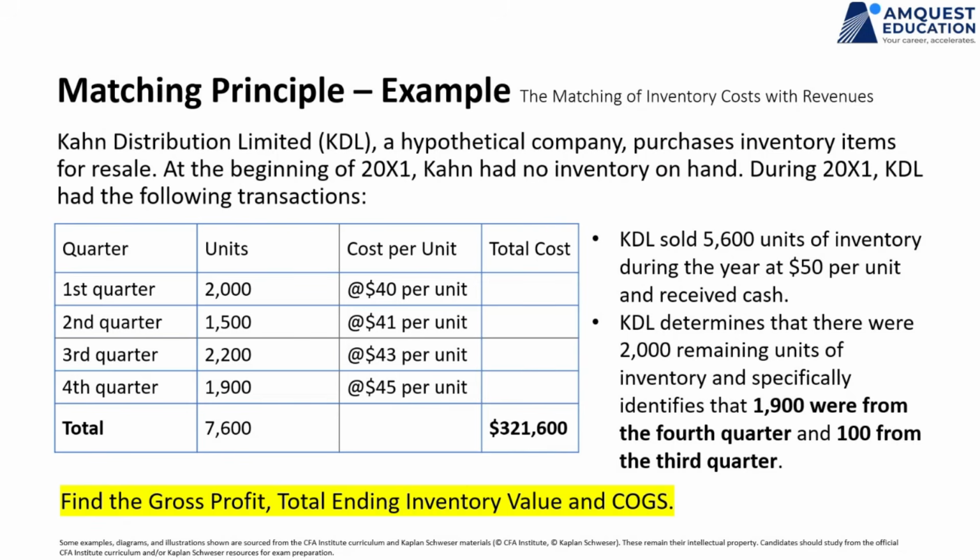The company determines that there were 2,000 remaining units of inventory and specifically identifies that 1,900 were from the fourth quarter and 100 from the third quarter. So they wanted to supply 2,000. They took 1,900 from here and 100 from here. So in a way, 2,000 units were supplied.